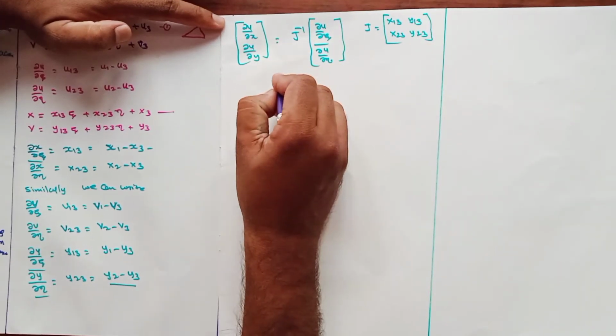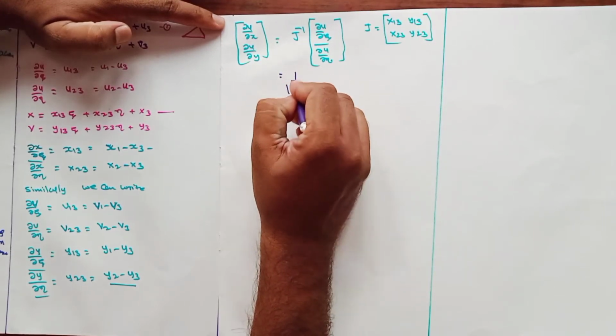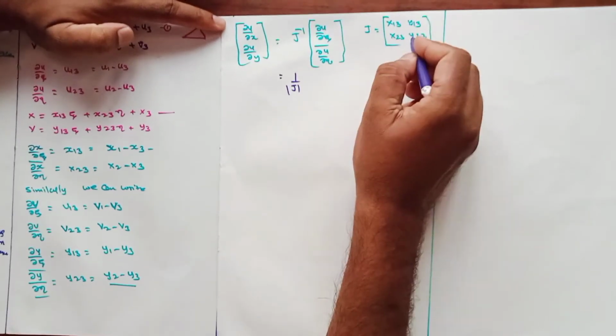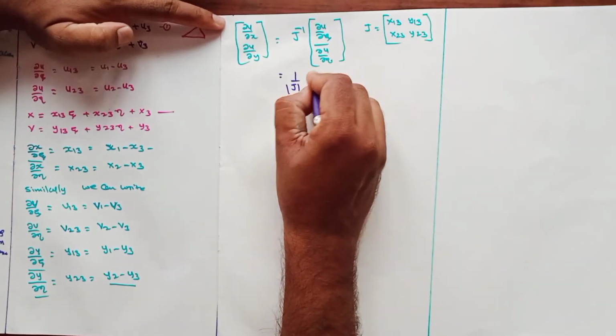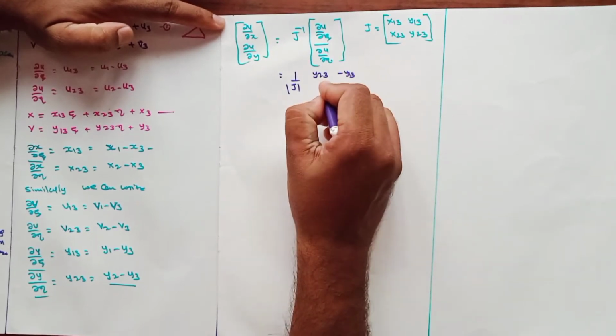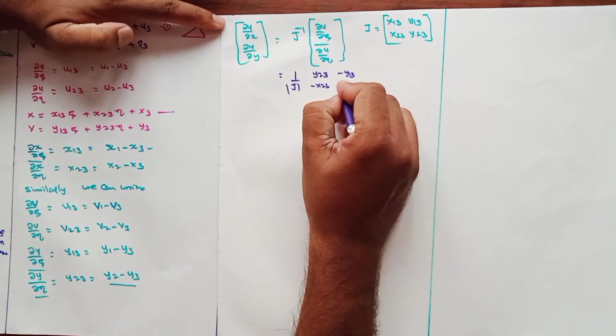So the Jacobian inverse can be written as 1 over det of J times the cofactor of J. The cofactor of J is nothing but y23, minus y13, and minus x23, and here it is equal to x13.